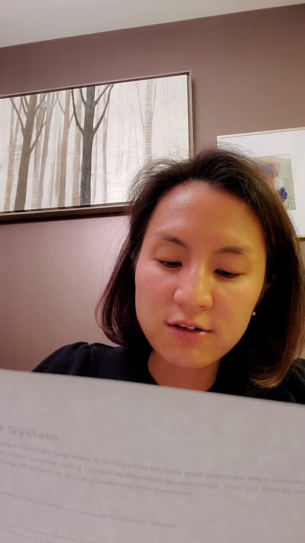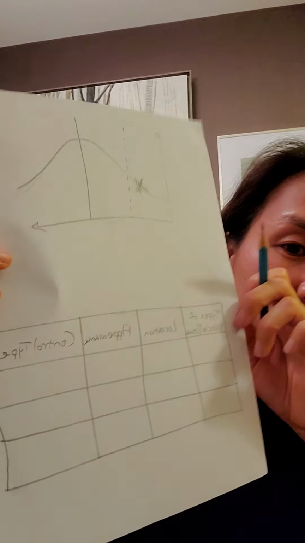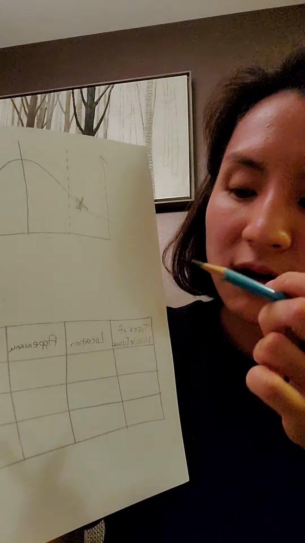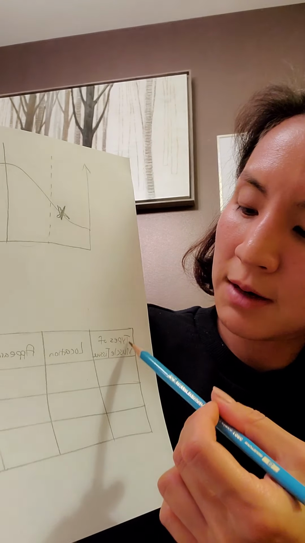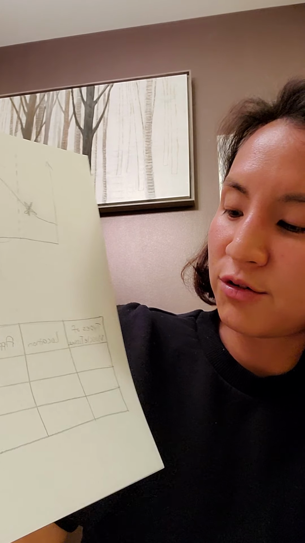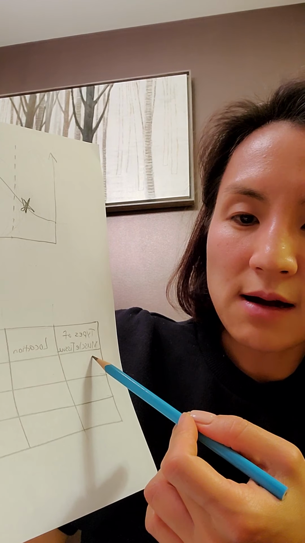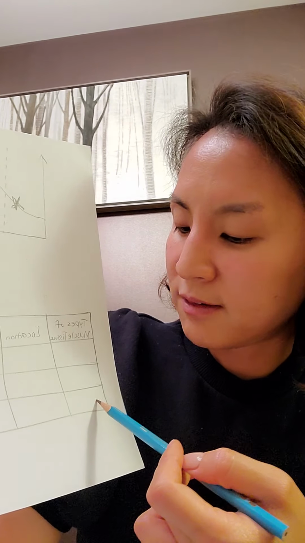And quiz number 6: draw a table describing the location, appearance, and control type of each type of muscle tissue. So I drew a little diagram that can help. There are 3 types of muscle tissue: cardiac, skeletal, and smooth muscle.